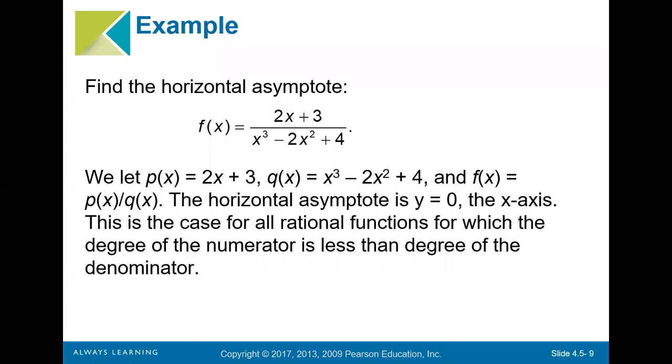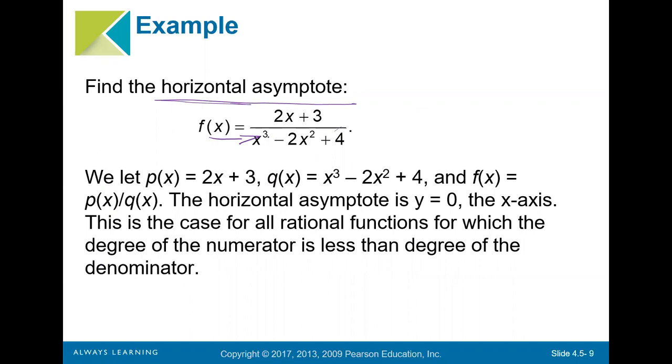What is the vertical asymptote here? That means we need to look at the denominator, because remember that gives us our restrictions. That also finds the domain. We're going to have to do some factoring here to figure that one out. Oh, my apologies, it just asks for a horizontal one.